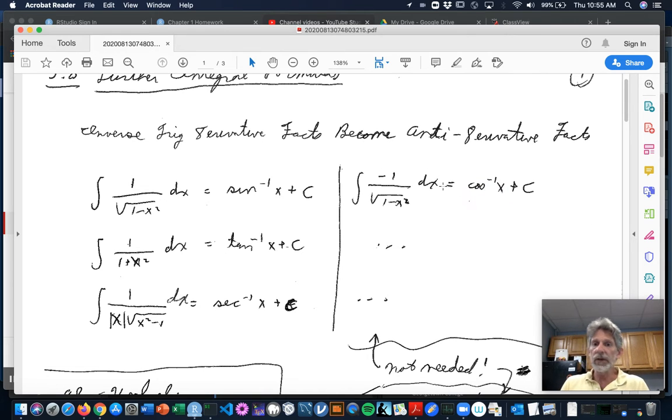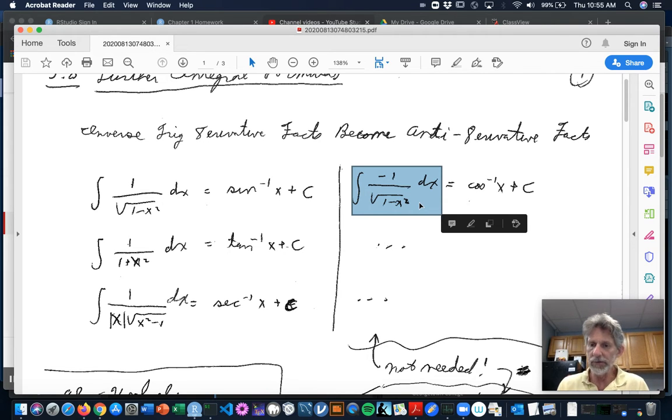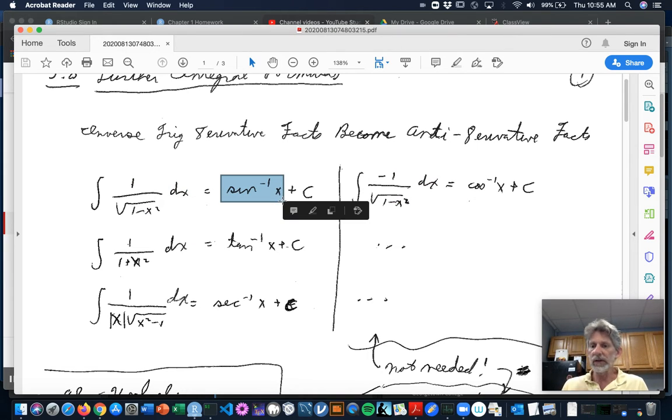Remember, the inverse cosine of x, its derivative was minus 1 over the square root of 1 minus x squared. Why didn't I talk about those, Dr. White? Well, the reason is, if you needed this indefinite integral, you could just take the minus sign outside using a property of indefinite integrals, and then use this fact here, and you would get minus the inverse sine of x plus c.